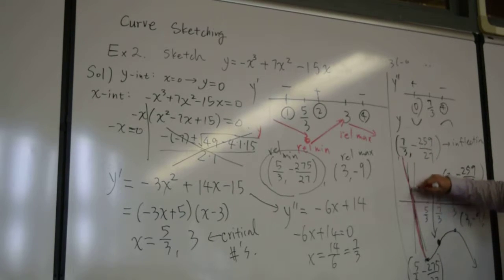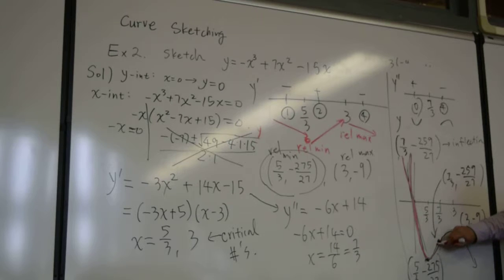When you sketch your graph, you should make sure you're writing all the coordinates of the x and y intercepts, and also the coordinates of the relative max, relative min, and inflection point.